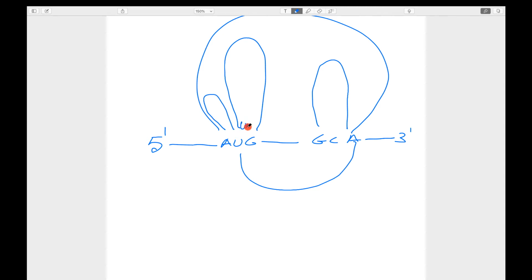So here UAC anticodon, here CGU anticodon, and here it is formyl methionine. This is representing the alanine amino acid. So occupation has taken place.